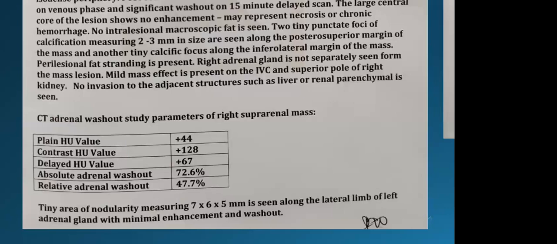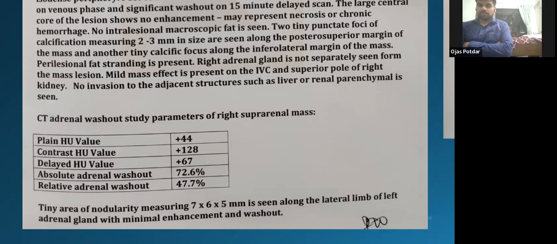Let me put it another way, Ojas. If you have a very good exposure of the operative field, then you will have minimal handling, or when you have a suboptimal exposure, then you have minimal handling. In which scenario will you have minimal handling? Minimal handling when we have a good exposure.